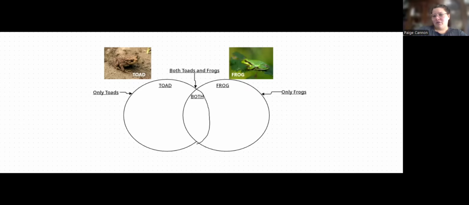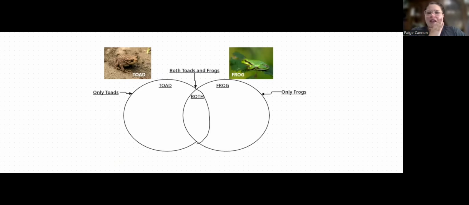Do we know what's going to go over here? That's right. Everything that is only my toads. See, it says only toads. So if we have only toads over here, what's going to go over here? That's right. Only frogs. So our information that pertains only to our frogs.